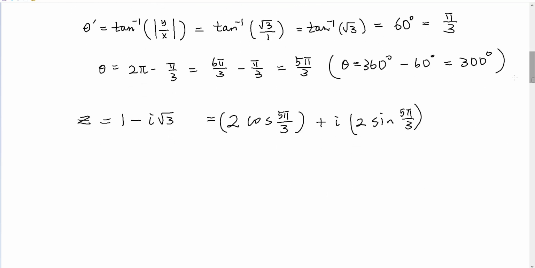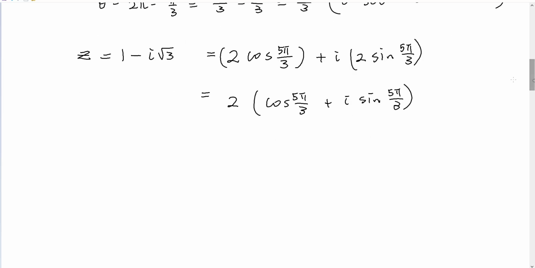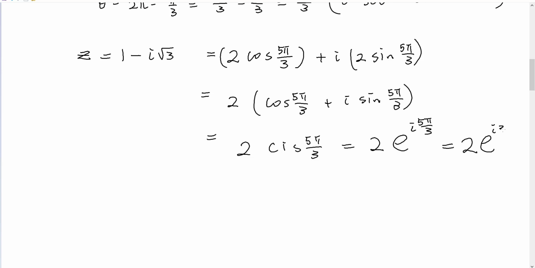But since 2 is a common factor, if you factor it out, it can be written as cosine 5 pi over 3 plus i sine 5 pi over 3. Or simply the other notation, cis angle, or my notation, 2 times e to the i 5 pi over 3. If you're doing it in degrees, it's 2 times e to the i 300 degrees.